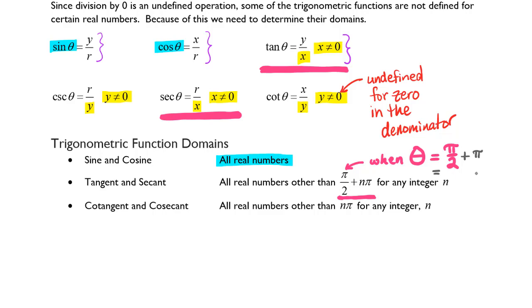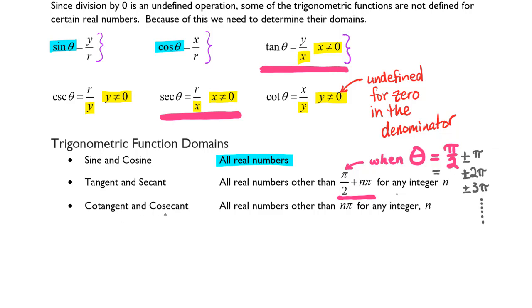And then for plus 2 pi, plus 3 pi, etc. So when it says for any integer n, it could be plus or minus, because either way you wrap around the unit circle, you are going to continue to get undefined values for pi over 2 plus or minus pi, plus or minus 2 pi, plus or minus 3 pi, etc. If you need to double check this on your own, go ahead and just draw the unit circle out and see what happens.